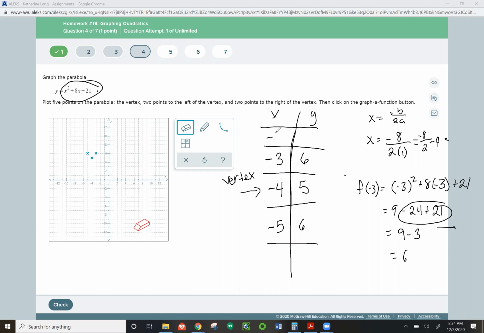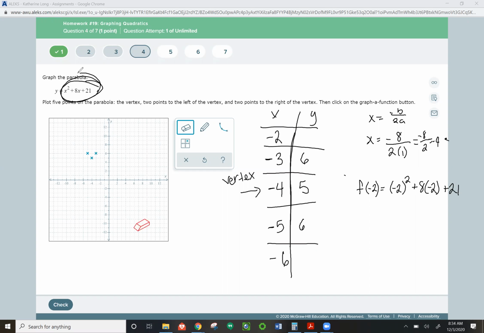All right, so we'll go -2, and then we'll do this -6. So let's find f of -2. Erase all this. F of -2. All I'm going to do is plug -2 in. So I have -2 squared plus 8 times -2 plus 21. I'm just plugging in -2 for this guy.